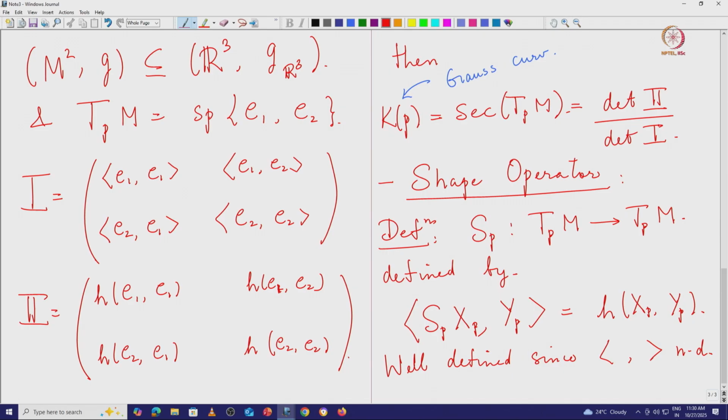So essentially what you are doing is, locally this second fundamental form is given by matrix Hij. You are basically using the Riemannian metric to raise one of the indices so that you get an endomorphism.